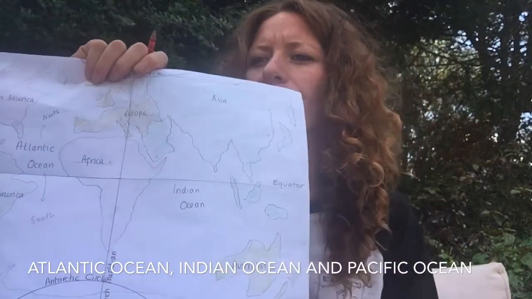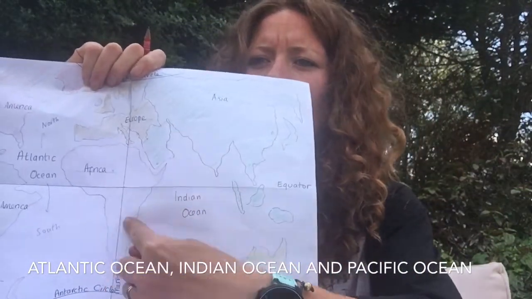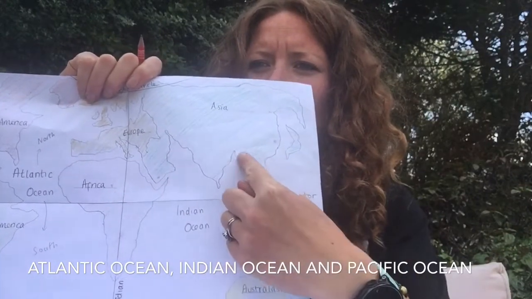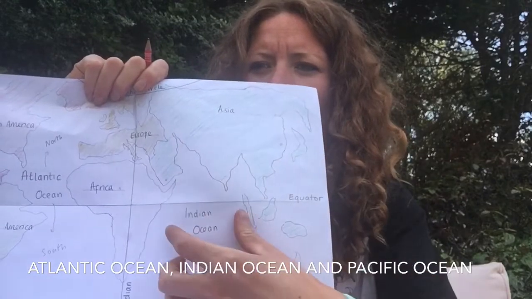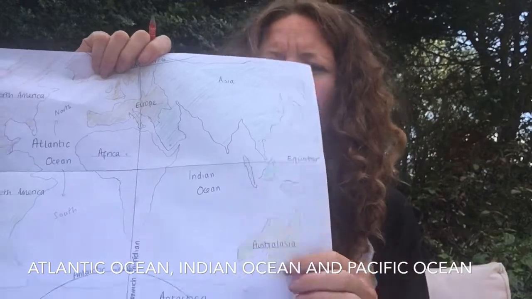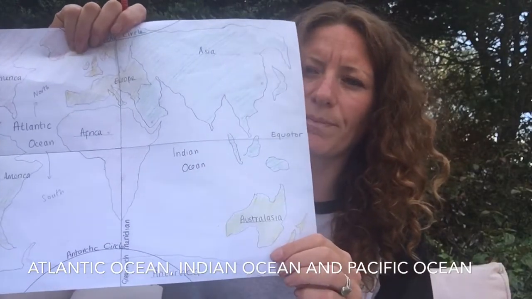So I'm going to draw that on my map here. Now, the Indian Ocean sits along the coast of Africa, underneath the country of India, which is the southern part of Asia, and sort of between where we would have the Philippines. So we've got the Indian Ocean.